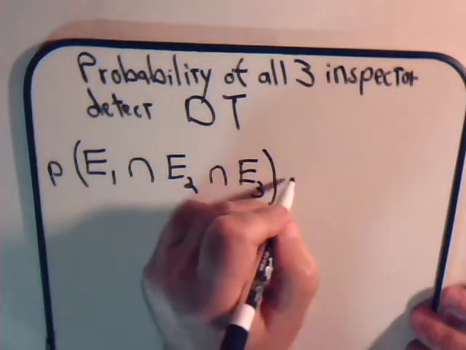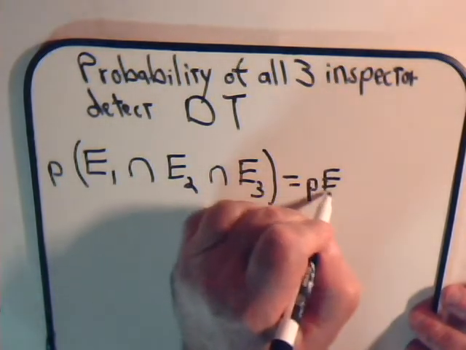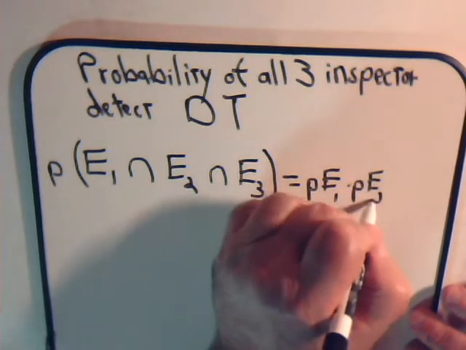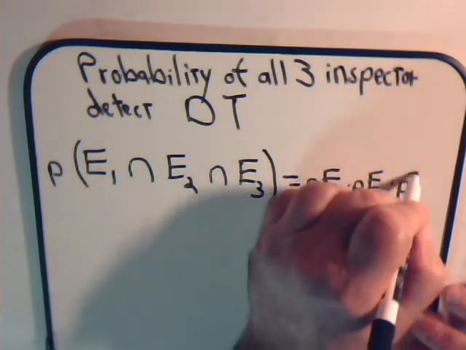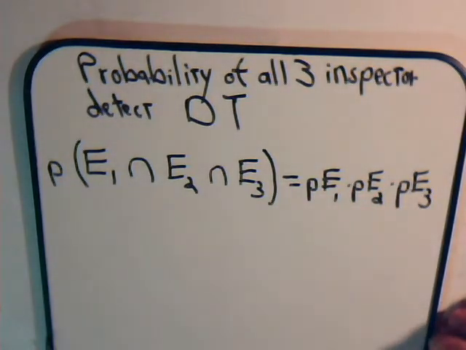And of course, that's equal to the probability of E1 times the probability of E2 times the probability of E3.